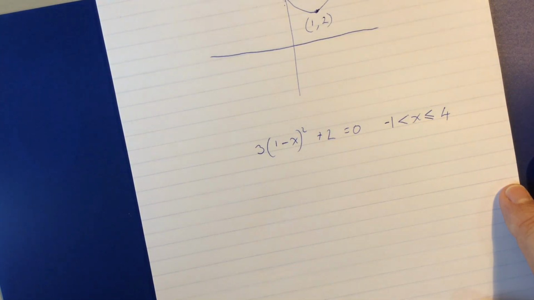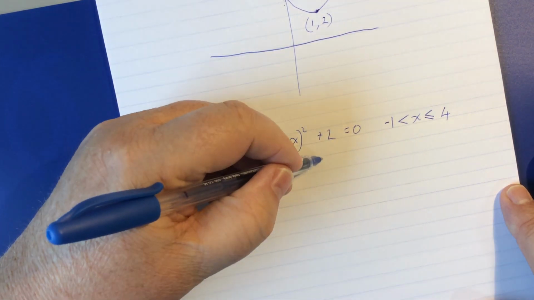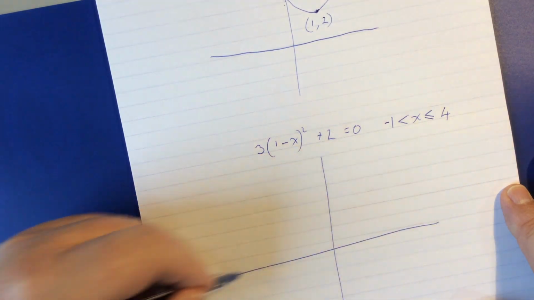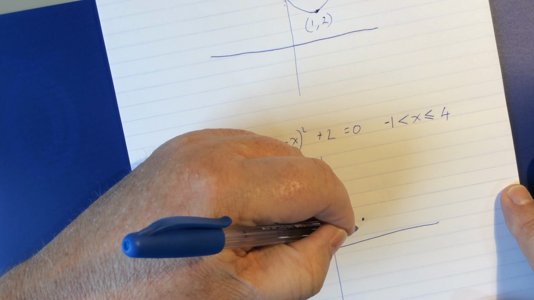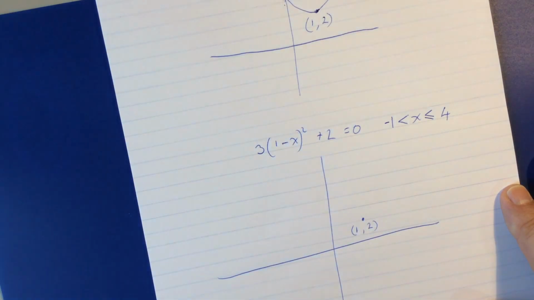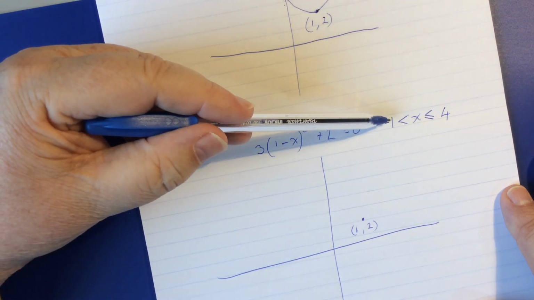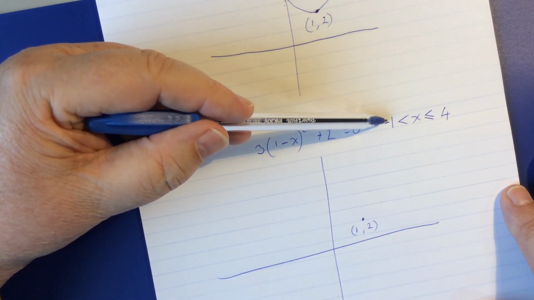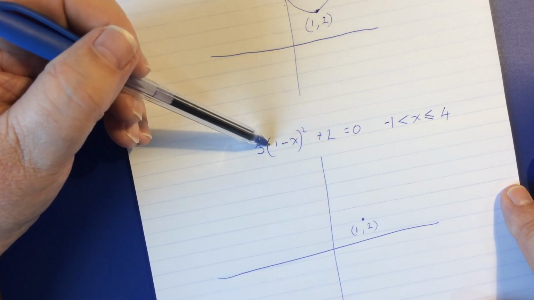Well, it is possible to do this without graphing it, but we are going to graph the information that we've got. Now, we already know one or two things. We know the turning point of this thing, which is 1, 2. Now, what do we do next? Well, the next thing I would do is put this value into this equation.